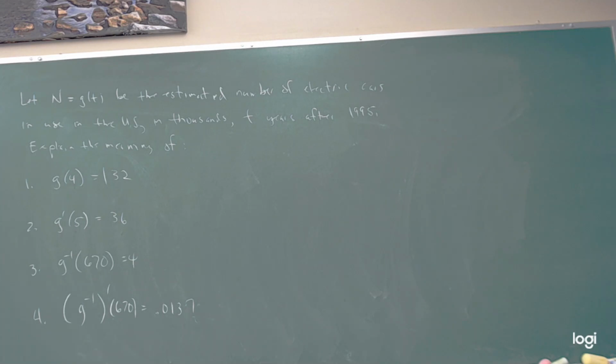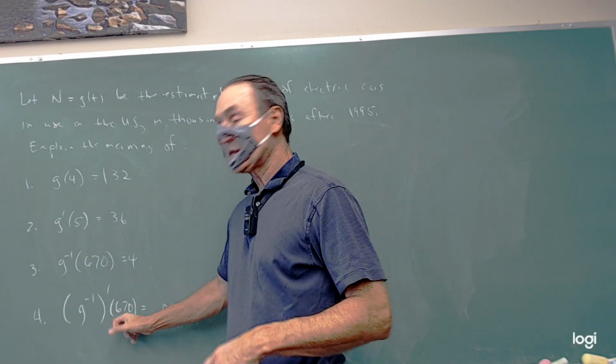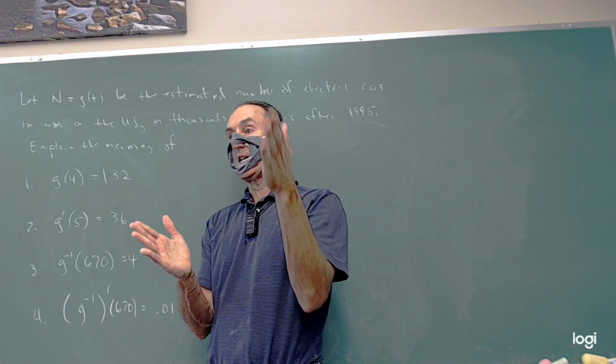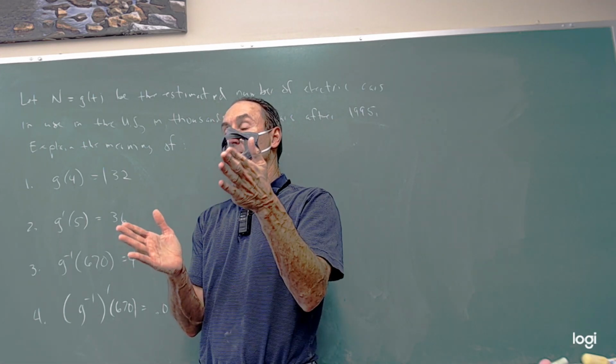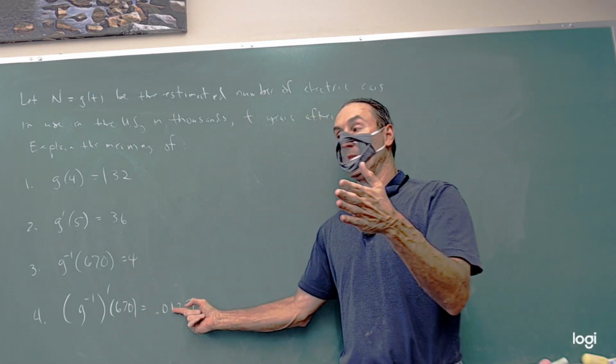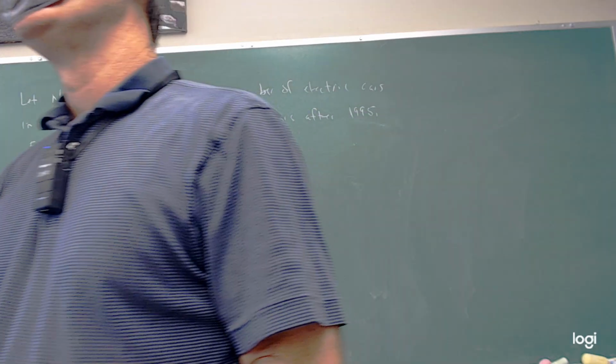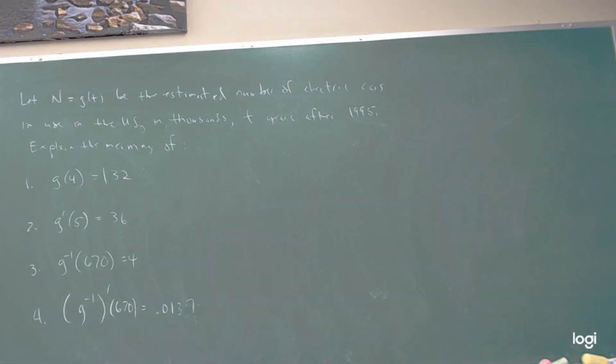When we have 670,000 cars on the road, it's still increasing. How long is it going to take to get the next car on the road? Just so many years, to get that 670,001st car on the road.